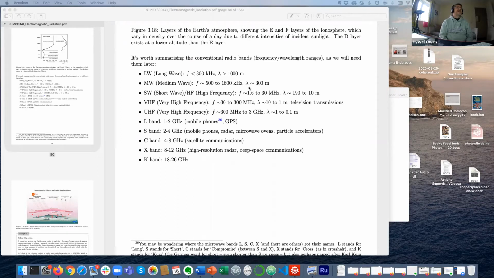And the thing I haven't said so far is that your ability to transmit and receive these signals scales, roughly speaking, inversely with the wavelength. And that, of course, is to do with our ability to drive a signal in a receiving aerial.